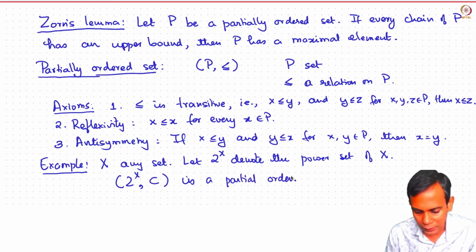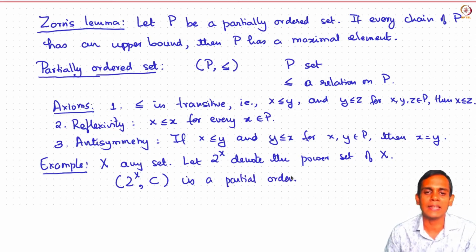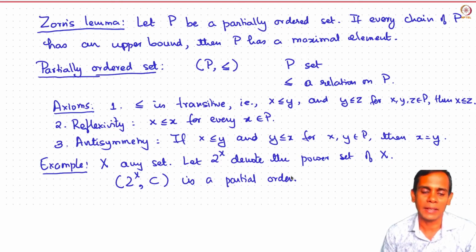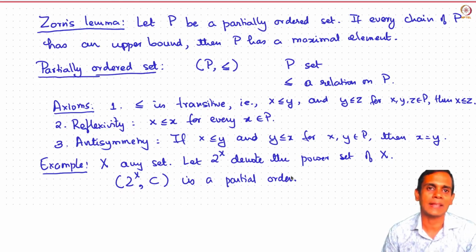Clearly, if a set x is contained in a set y and y is contained in a set z, then x is contained in z. Secondly, every set is contained in itself. And thirdly, if x is contained in y and y is contained in x, then x and y are equal. So the power set of any set forms a partially ordered set under containment. And note that this is not a total order, because you can find two sets x and y such that neither x is contained in y nor is y contained in x, provided of course that the big universal set X has at least 2 points.